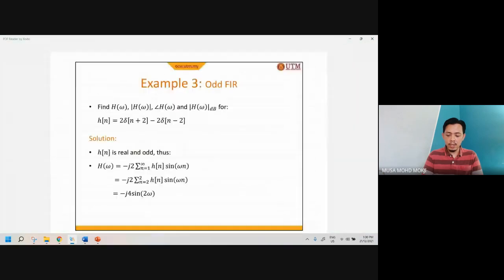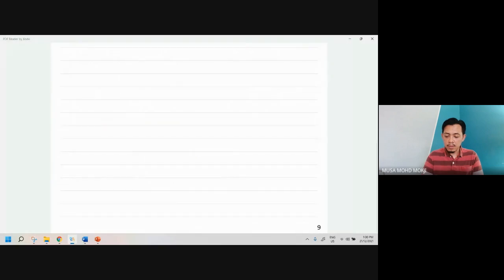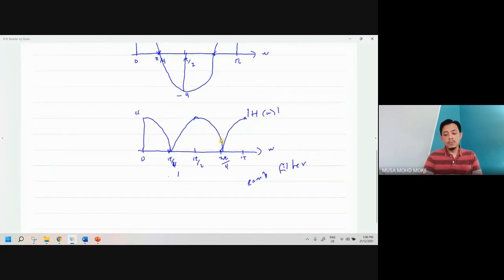Okay, so this is the same thing as the one that we sketched just now. This one. So this is a filter. So what will this filter do? At this point, it will magnify the frequency by 4. But at a frequency of pi over 4, because this is a 0, it will remove that signal.